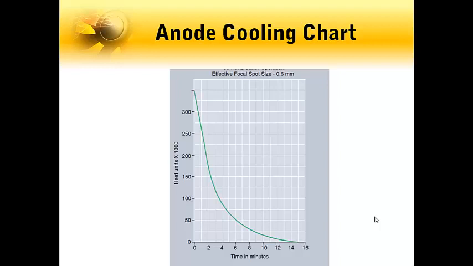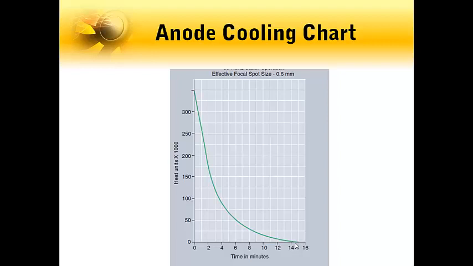We can see from the figure, the maximum anode capacity is 350,000 heat units, and if the anode has the maximum heat units, it will take about 15 minutes for the anode to cool completely.